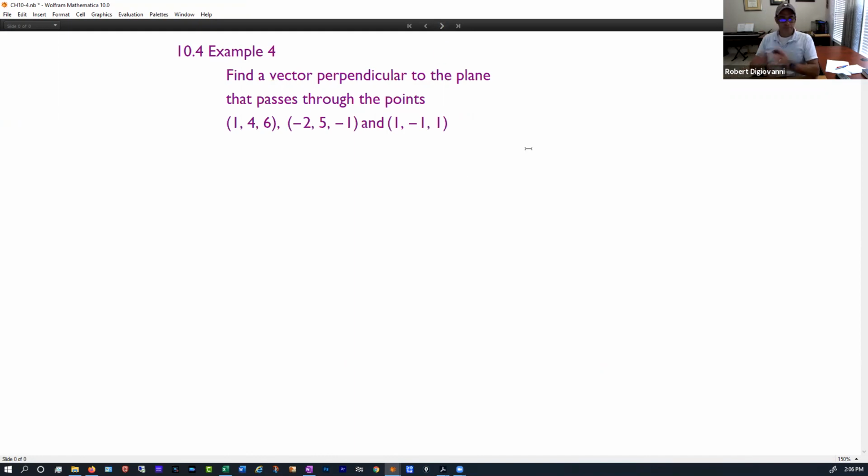All right. Find a vector that is perpendicular to the plane that passes through these 3 points. So you have 3 points given, and those 3 points define a plane.